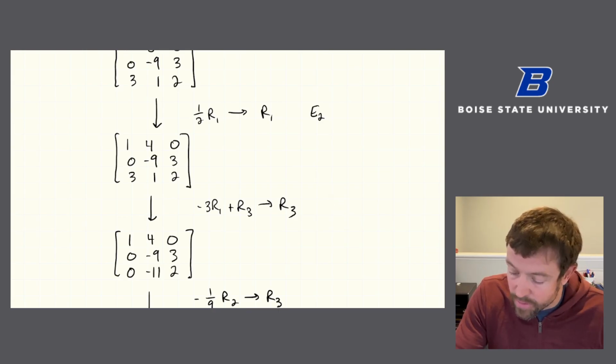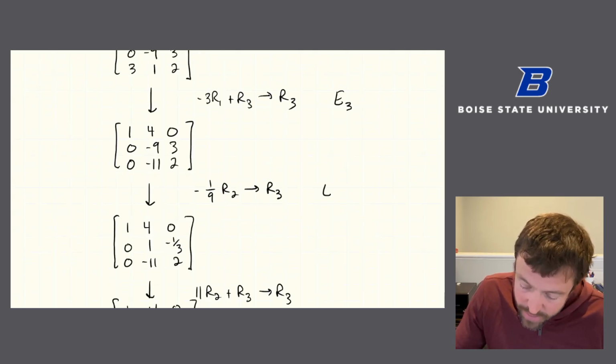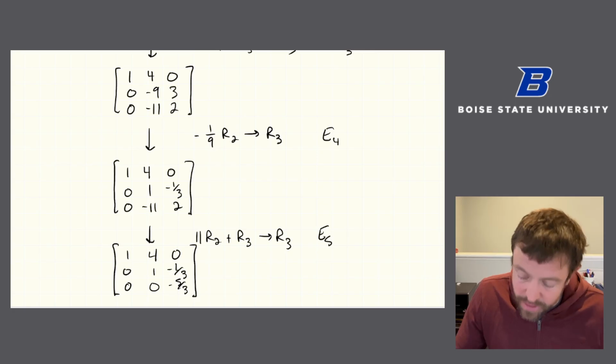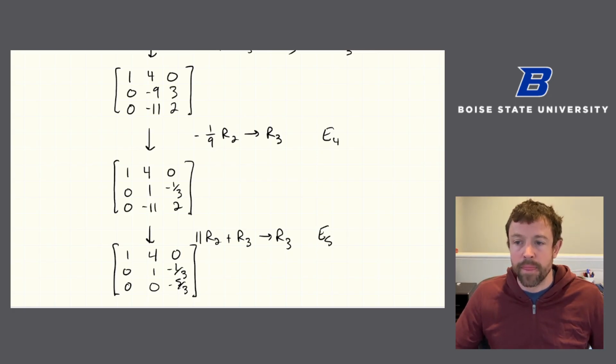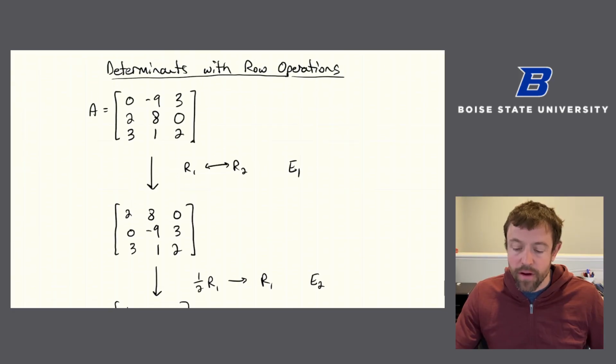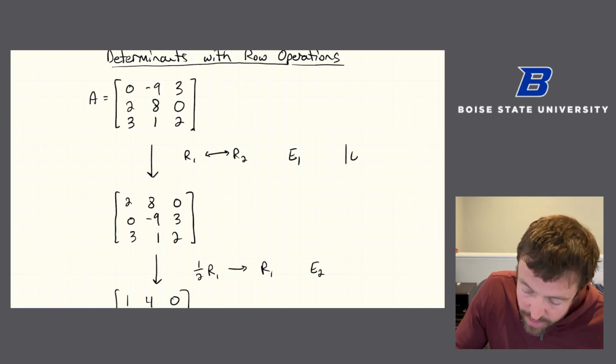I don't want a determinant sign yet, I'm getting ahead of myself. This row operation corresponds to E4, and this one corresponds to E5. When I say figure out what each of these did to the determinant, I just mean figure out what its determinant is.